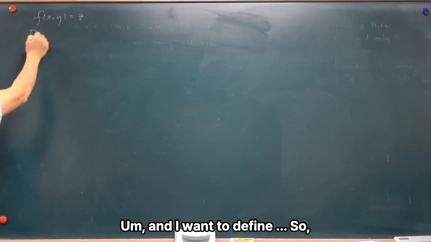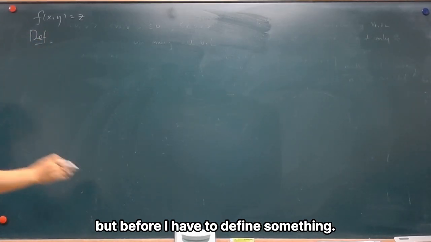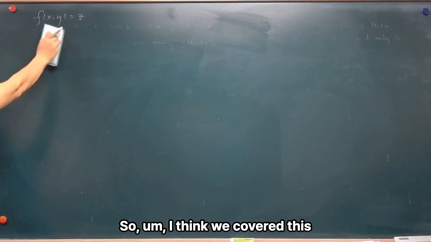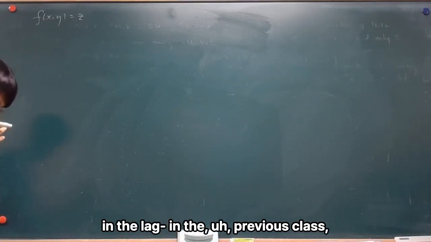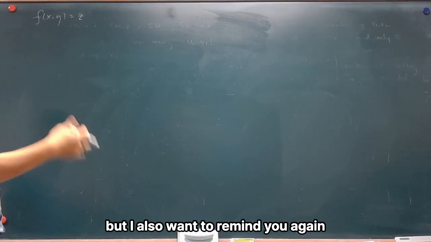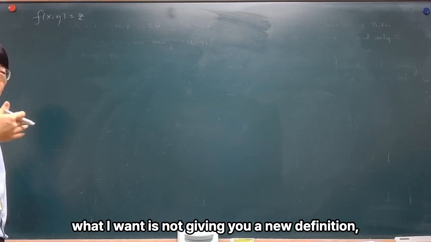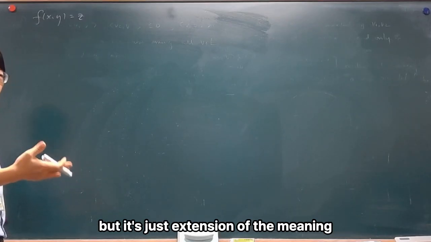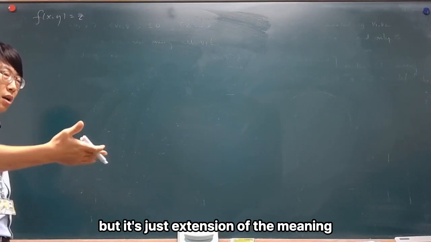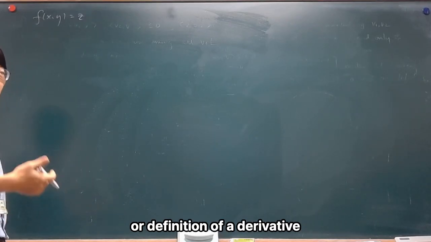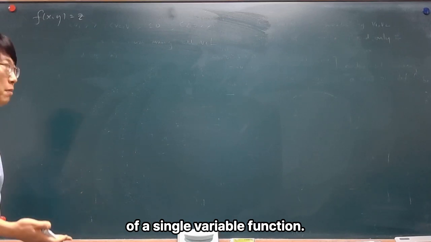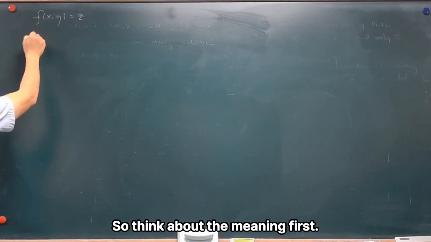And I want to define, but before I define something, I think we covered this in the previous class, but I also want to remind you again that what I want is not giving you a new definition, but it's just extension of the meaning or definition of a derivative of a single variable function. So think about the meaning first.